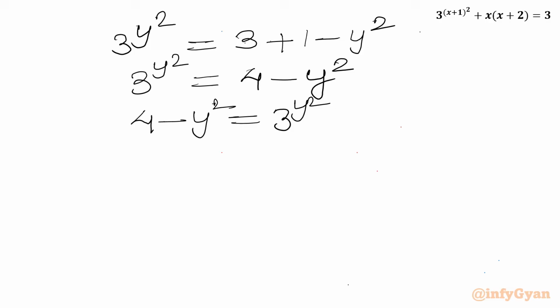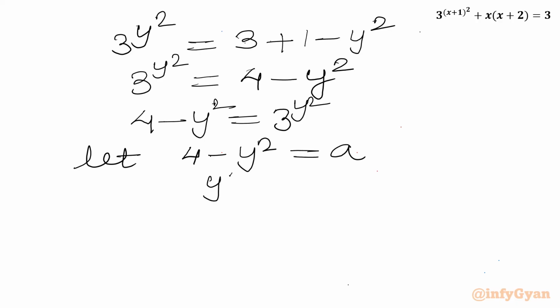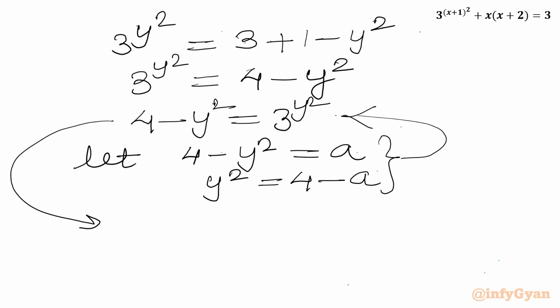Now I will consider another substitution. Let us say 4 minus y square equal to a. So from here I can write y square will be 4 minus a. Let us apply this substitution to our equation. It will give us 4 minus y square is a. So left hand side will be a equal to 3 power y square, which is 4 minus a.